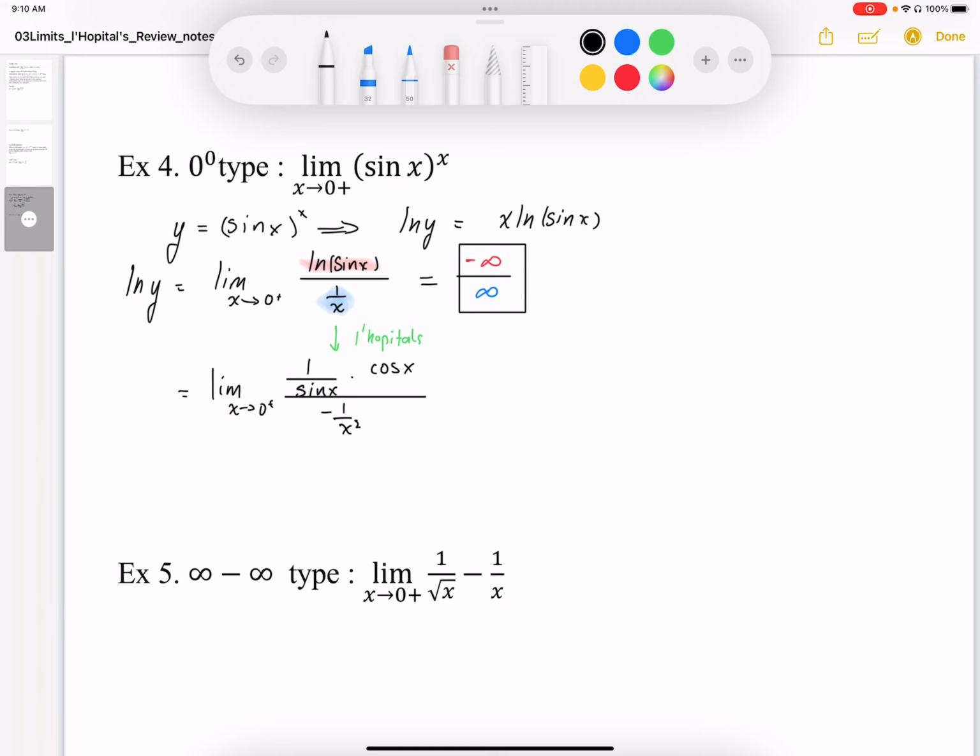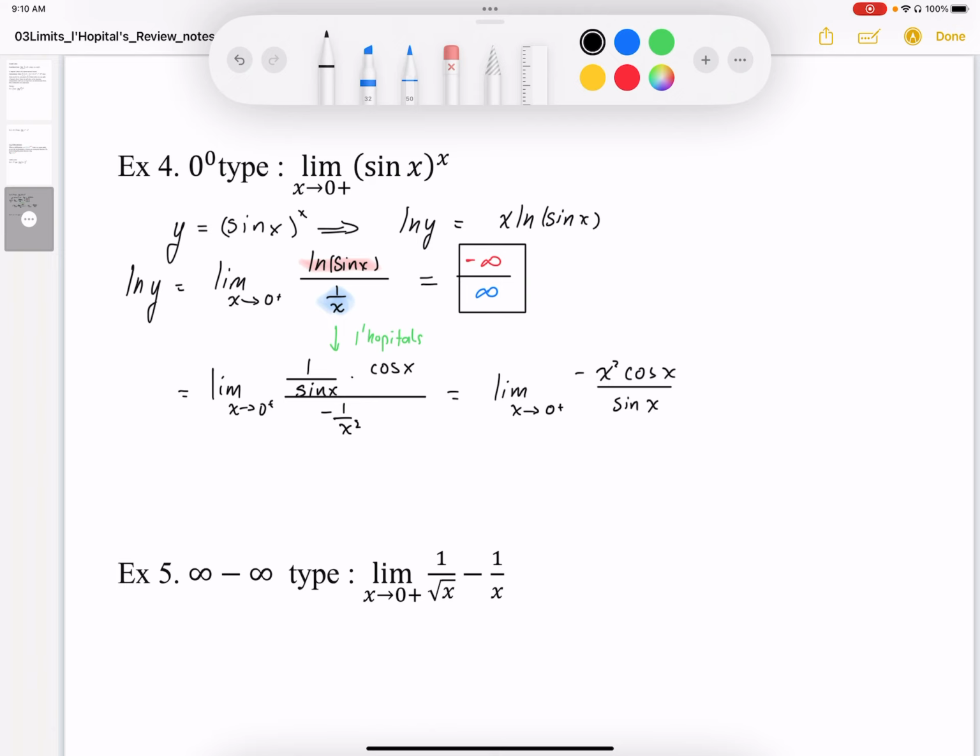Okay, so we're going to rearrange this then. This becomes the limit as x approaches 0 from the positive side. This is going to be x squared cosine x over sine x, and we're going to put the negative there.